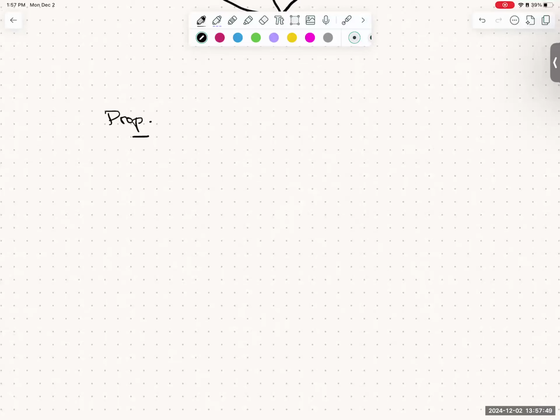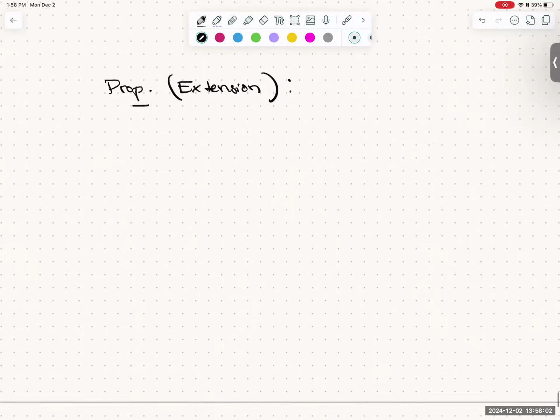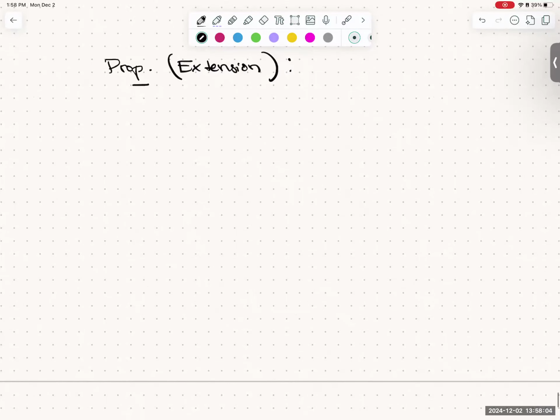The other thing that Aziz talked about last time was the notion of extension, which is something like this.